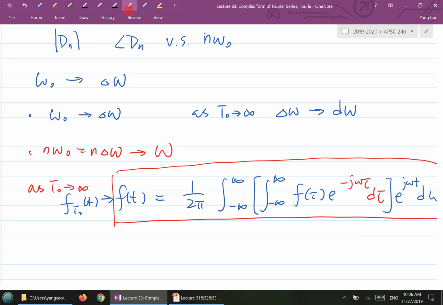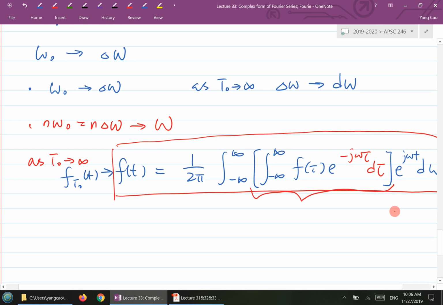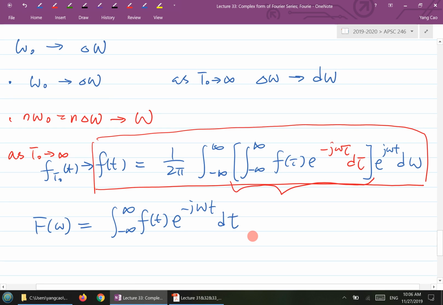And what's inside this? The internal integral here, we define it as F of omega equal to the integral of f of t e to the minus j omega t dt.